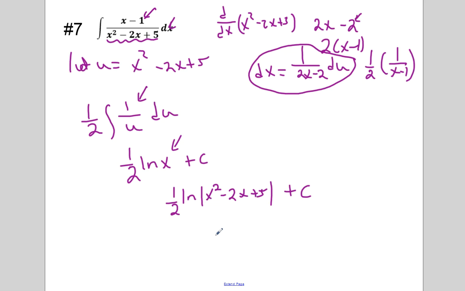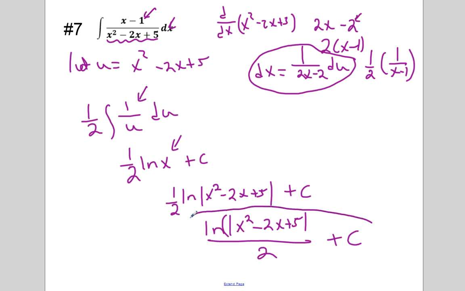And I could bring that 1/2 underneath, so I could have written it like this. Let's put that in parentheses just to be a little more precise: x squared minus 2x plus 5, all over 2, plus c. Either one of these would have worked.